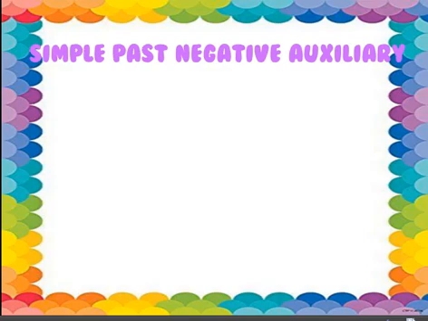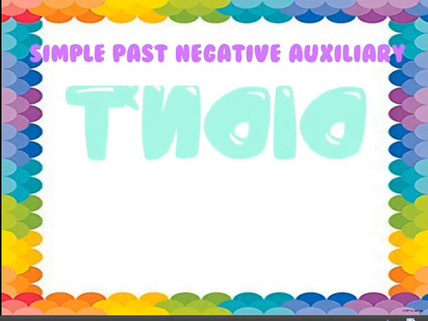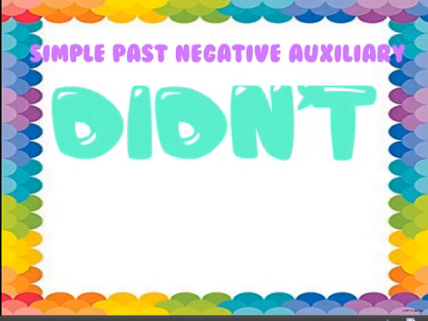Let's check. We have a simple past negative auxiliary, and this is didn't. Repeat after me. Didn't. Very good. We are going to use didn't with I didn't. Repeat. You didn't.